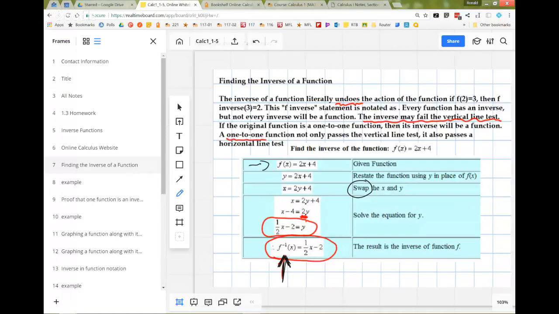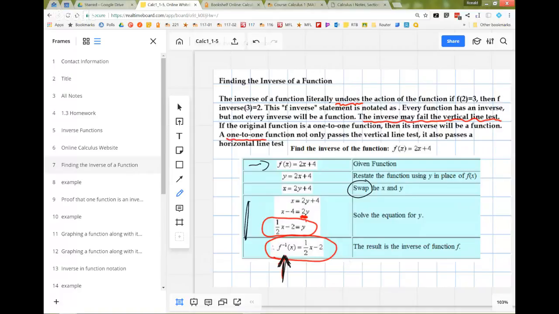You put an x where the y is, put a y where the x is, and then solve the equation for the new y, which I did in this section right here. Okay, so I got y equals 1/2 x minus 2. That is the inverse. And it's stated at the bottom, f inverse of x equals 1/2 x minus 2.